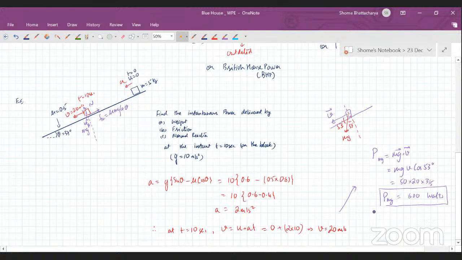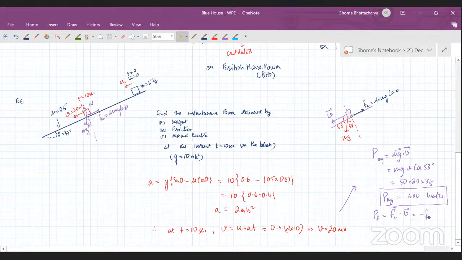Similarly, the power delivered by friction will become minus mu mg cos theta into the instantaneous velocity. As you can see that friction is acting at 180 degrees with respect to this. So the dot product will result in the minus sign. So let's write it in more detail first. Frictional force dot product with velocity.